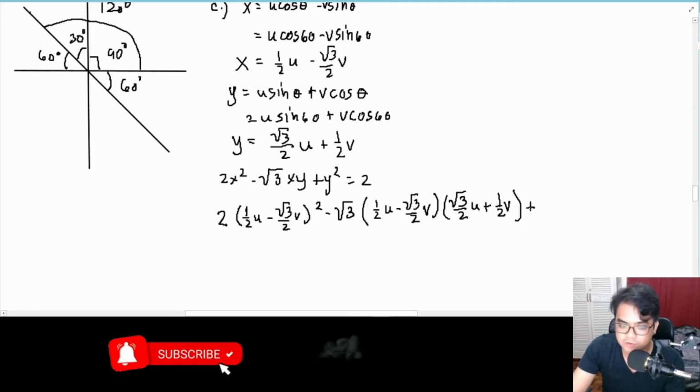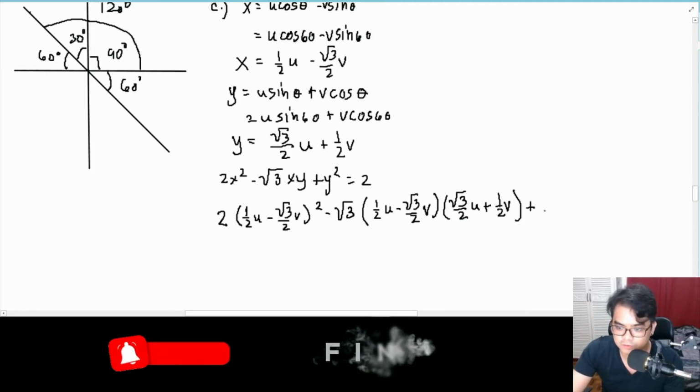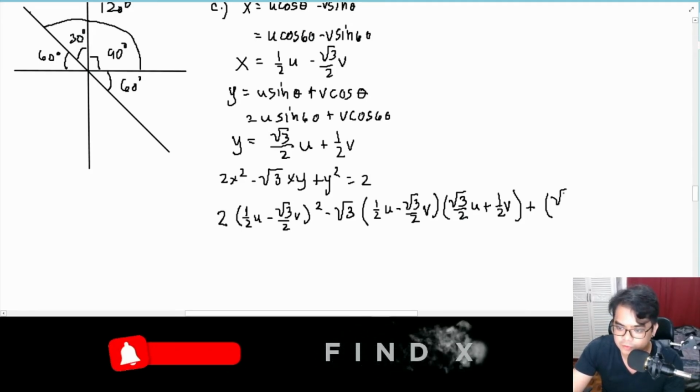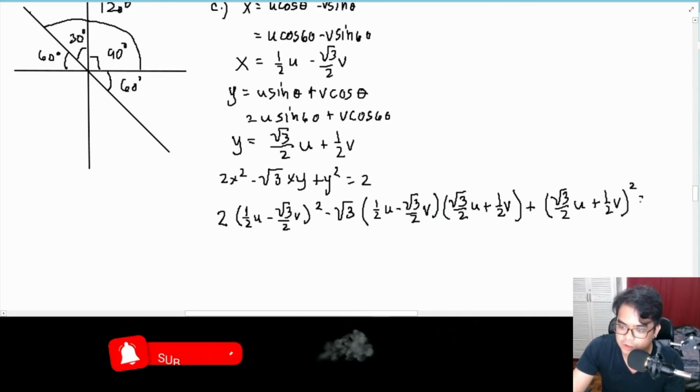And then plus y squared, so this will become square root of 3 over 2 u plus 1 half v squared, equal to.